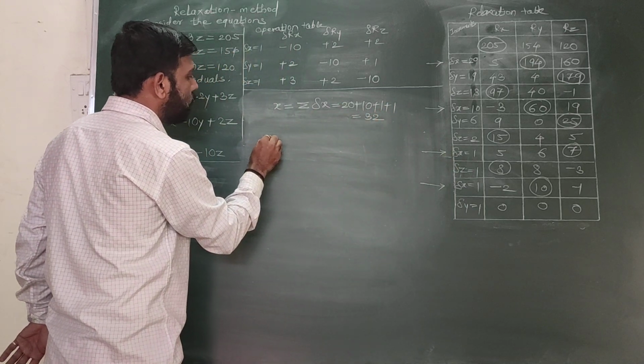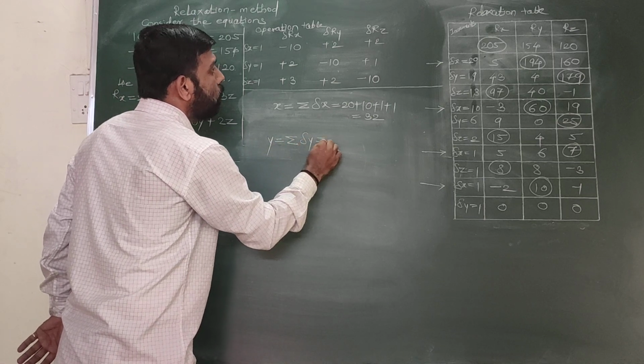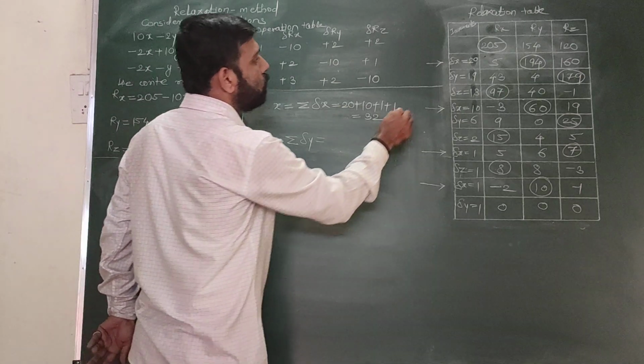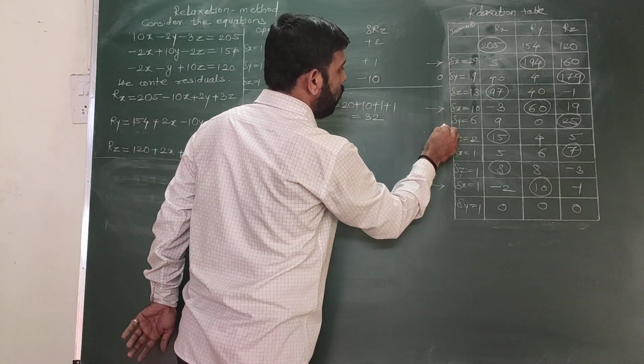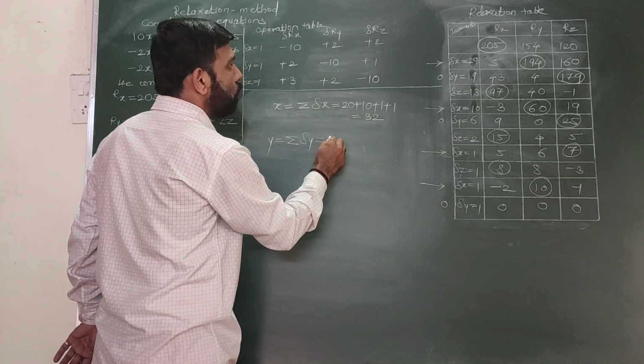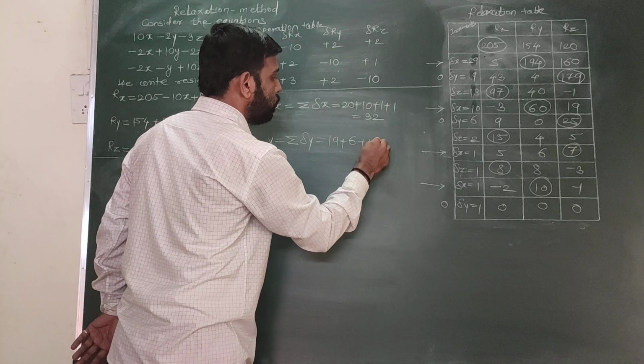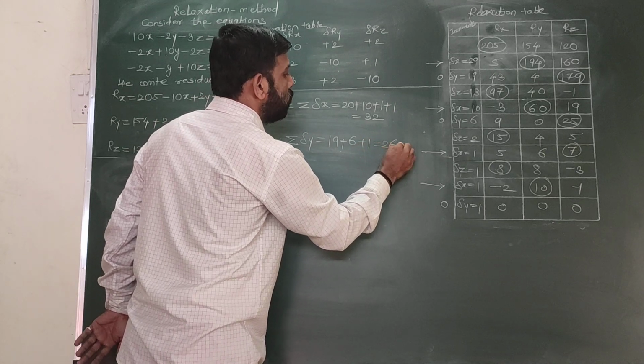So this is the value of x. Value of y: increments in y variable, delta y, delta y, delta y. Take all the summations of these increments, 26.